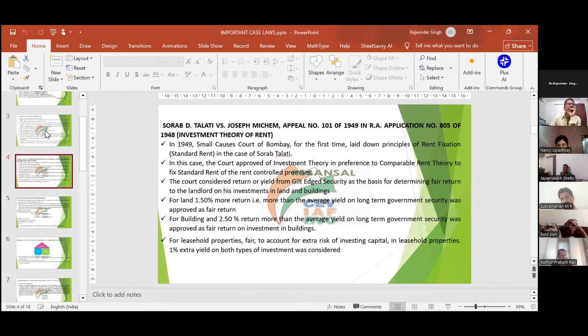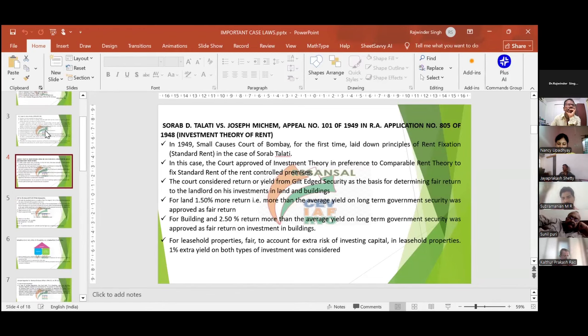So what this case law says is that it will be considered as the base for calculation of standard rent, and for land, the owner will get 1.5% higher than the gilt as security, and for the building 2.5% higher than the gilt as security.